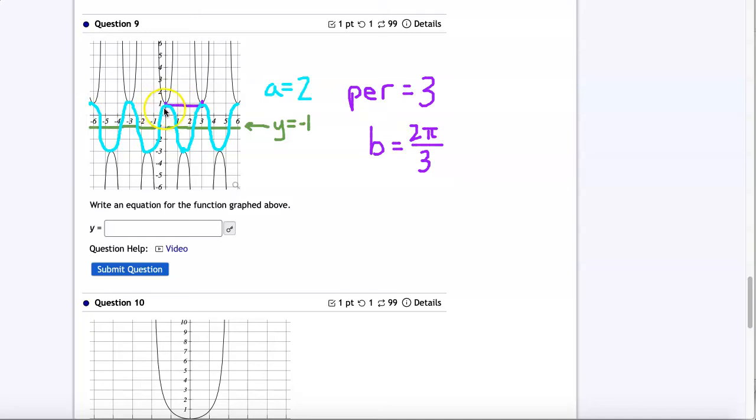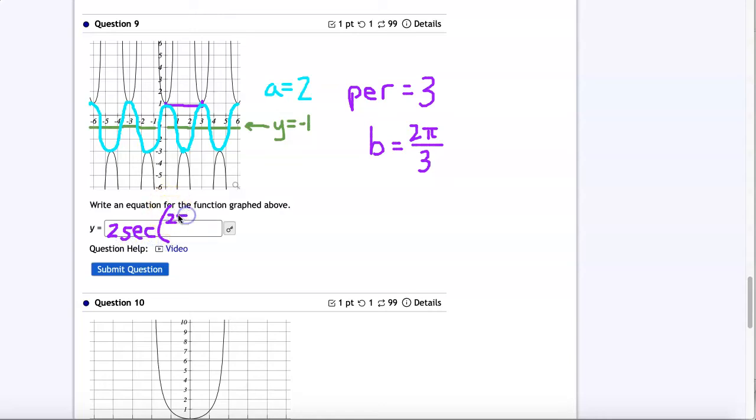So if I have a positive cosine graph as the reciprocal graph, that means the graph that was originally graphed would have to be a secant graph. So it's a positive secant graph with an amplitude of 2. So I'm going to write 2 secant, and then I've got a b value of 2 pi thirds.